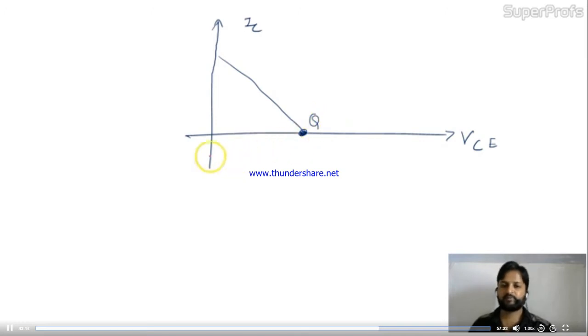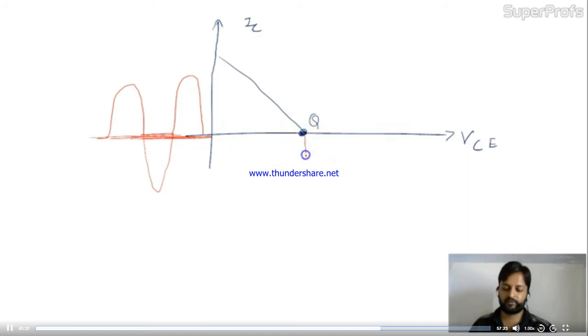Now here is the input applying like this. You apply the entire input. Like this, I applied the input over here. This will be distorted now. So this is your point. It will come like this over here, this entire thing will come over here in this way.